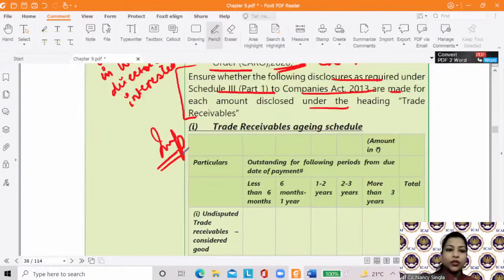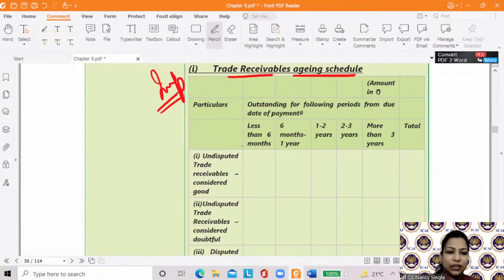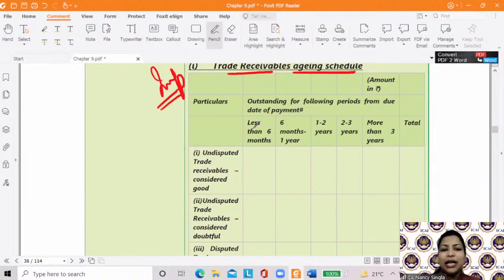So what is to be mentioned is that the trade receivable ageing schedule needs to be disclosed, and how the same needs to be disclosed. The client should disclose it in this way: whatever outstanding there is with respect to debtors from the due date, and if that amount is outstanding for less than 6 months, from 6 months to 1 year, from 1 year to 2 years, from 2 to 3 years, and more than 3 years.